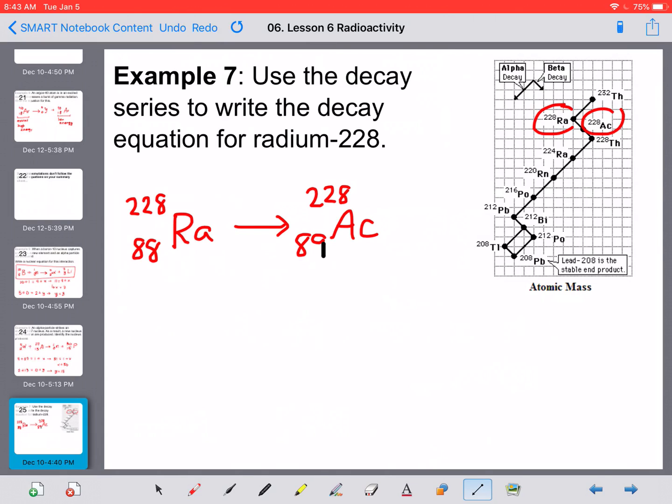And now what I need to do is look at how this equation is going to be completed. So first of all, I have to see if it's going to be a beta positive decay or a beta negative decay. Because 88 turned into 89, that must mean that it's a beta negative decay.